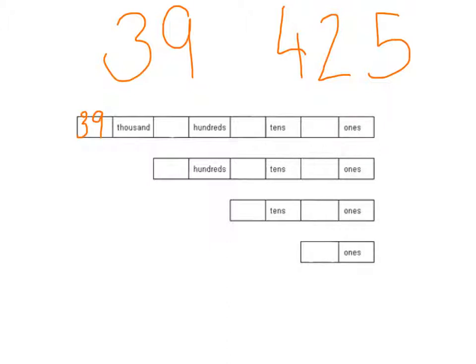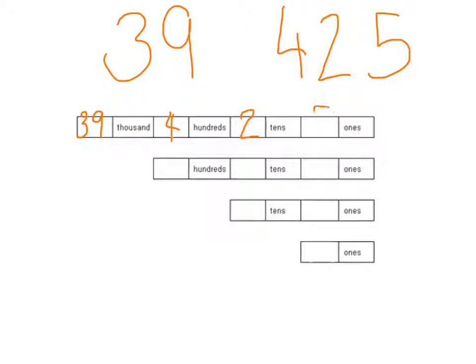How many hundreds are in this number? Let's have a look at the hundreds column. We have 4 hundreds. And then we're going to have a look at the tens. How many tens? 39,425. So we have 2 tens and how many ones?